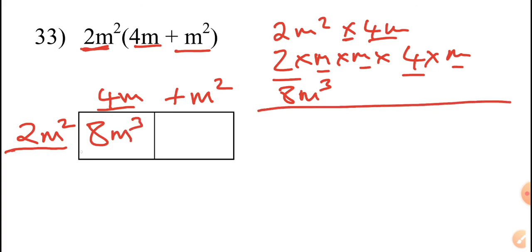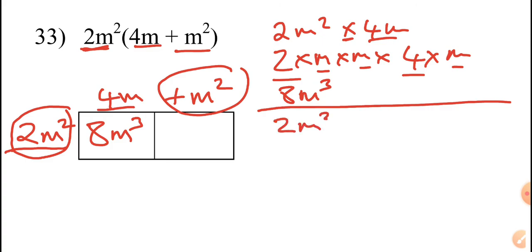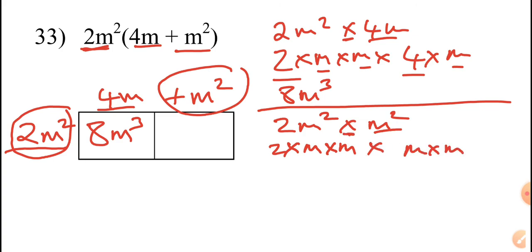And then now we have to do 2m squared times plus m squared. So 2m squared, because it's positive, I can just write times m squared. So what does 2m squared mean? 2 times m, and m squared means m times m, and put the times sign there, put times sign here.